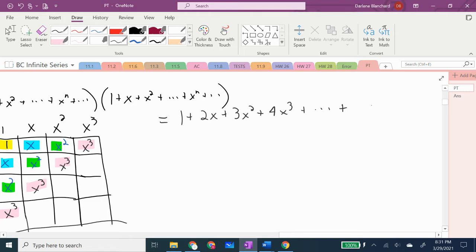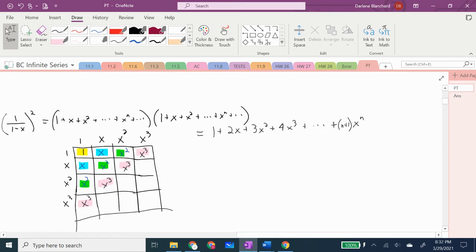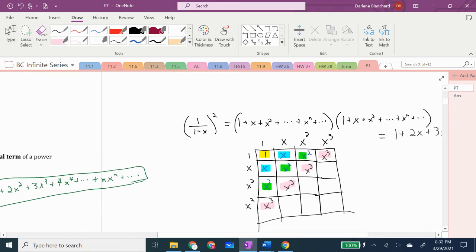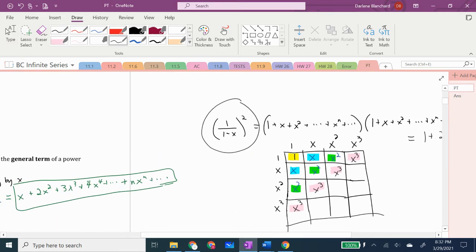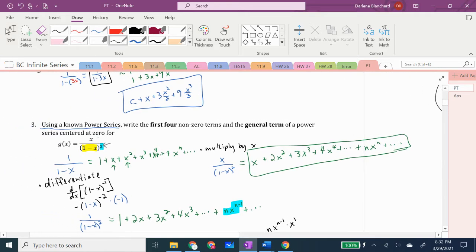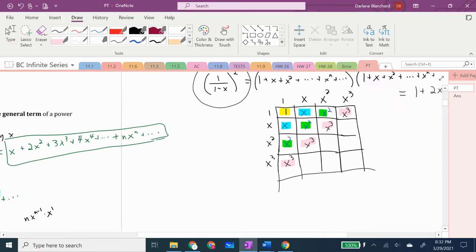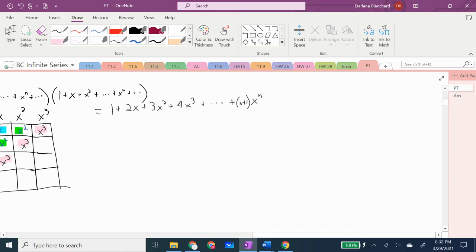So that means that if I write x to the n, I am then multiplying it by n plus 1. Or I could have written n times x to the n minus 1. Same thing. Then all I have to do is multiply by x, and I will have the formula that I intended to have.